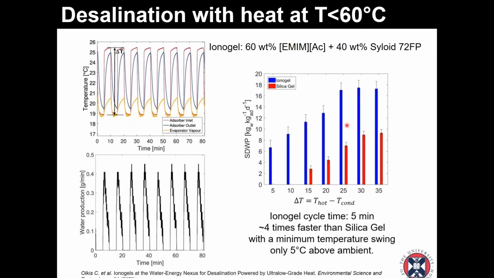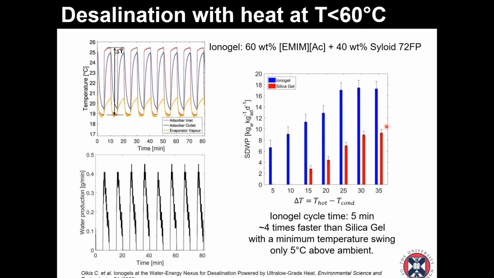Then we compared the amount of water produced, the specific daily water production. Remember, this is the key parameter for adsorption desalination. We compared the results on the specific daily water production for silica gel and the ionogel that we have seen.